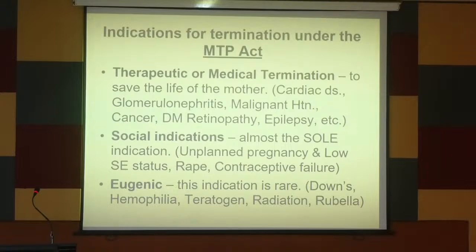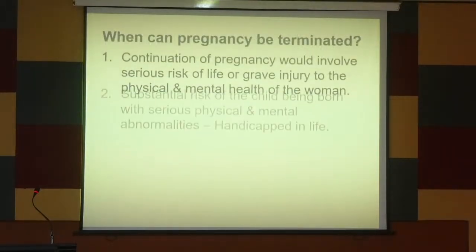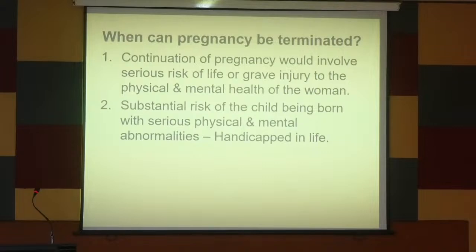So with this sort of working condition, for both husband and wife, you have to be very careful. IT sector, thermal plants, chemical fertilizer plants. In those cases where your patients work, you have to be very cautious dealing with them. Okay. So when can a pregnancy be terminated? When continuation of the pregnancy could involve serious risk to life, or grave injury to physical and mental health. So you have to be very careful. You can injure the patient both physically and mentally.